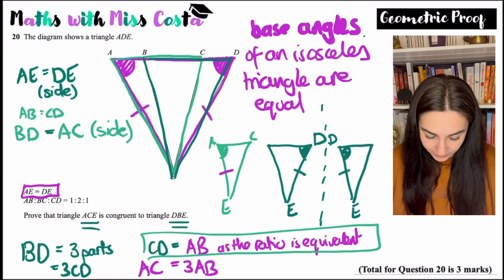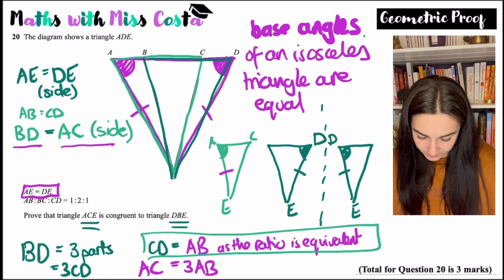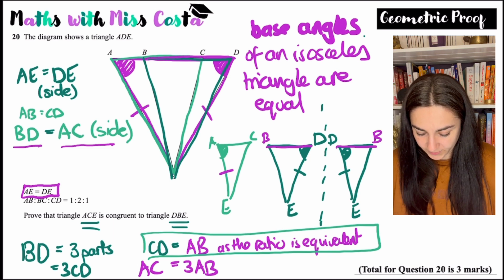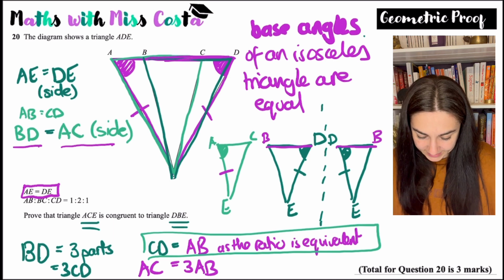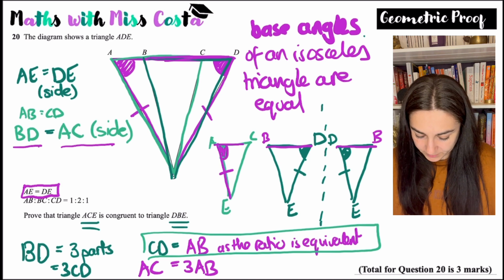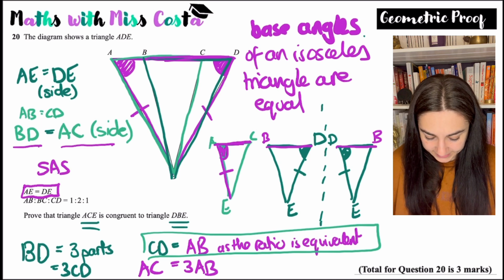So what have I proved? I've proved that AE equals DE. Then I know that BD equals AC. So BD would be this line here. I reversed it. Originally it would be this one here, which is this part here. And AC must be equal. So I've got a side, an angle in between that, and a side. So I would say SAS.